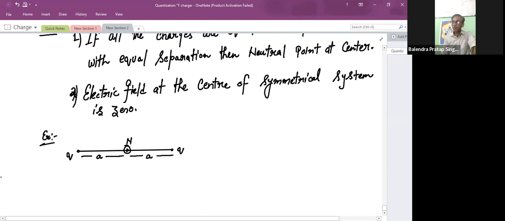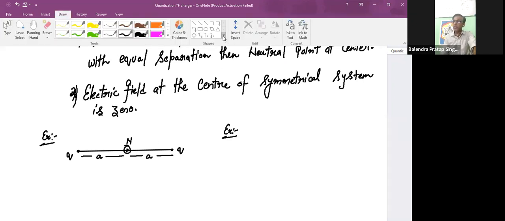Another example is a triangle. If I take an equilateral triangle, it has some kind of symmetry.